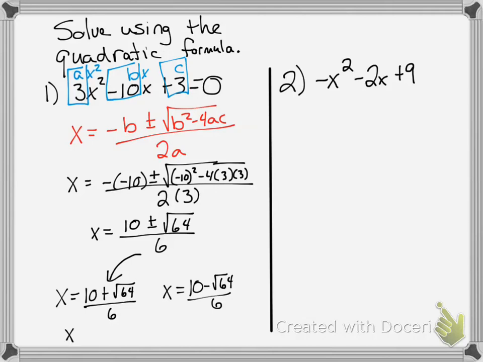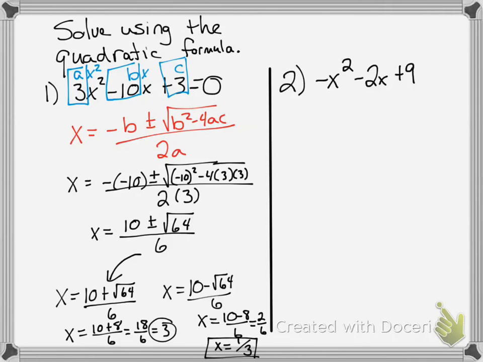So the first one, square root of 64 is 8, so I've got 10 plus 8 divided by 6 would be 18 divided by 6, which is 3. That's my first answer. My second answer, I have x equals 10 minus 8 over 6 would be equal to 2 over 6, which tells me my second answer would be 1 over 3 when I'm finished.